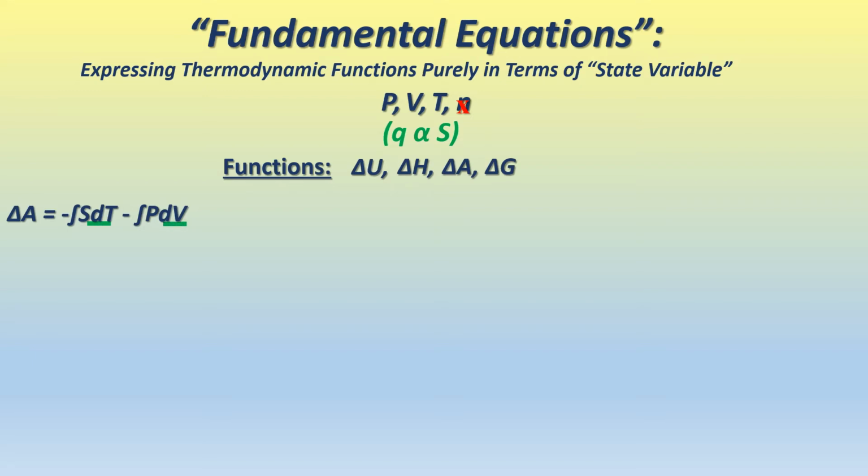Temperature and volume are two of your state variables, so the Helmholtz energy is already a fundamental equation related to temperature and volume. The Gibbs energy, also described as minus SdT plus VdP, is already a function in terms of state variables, temperature and pressure. So the Gibbs energy is a function of temperature and pressure.